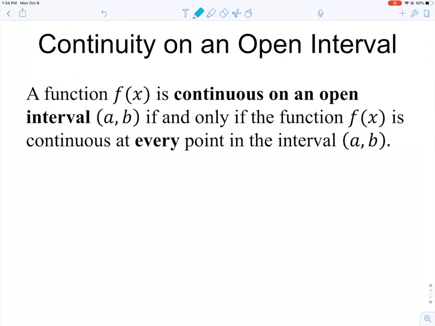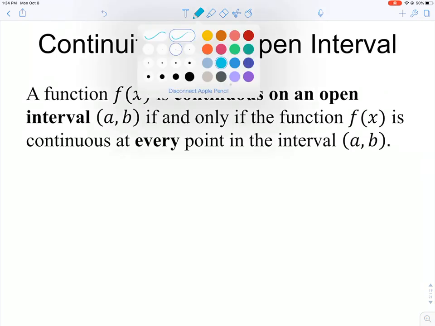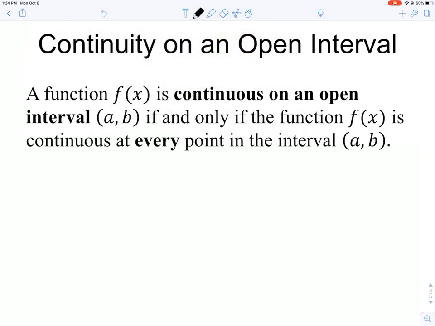Okay, so continuity on an open interval. A function f of x is continuous on an open interval from a to b if and only if f of x is continuous at every point on the open interval from a to b. Remember, open interval means that a and b are not included.